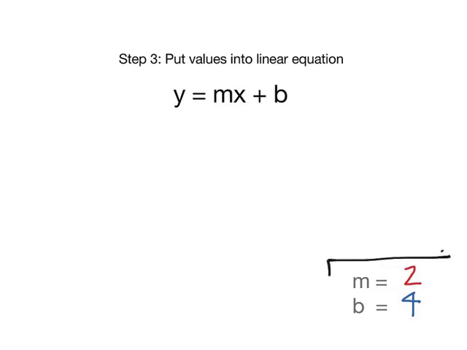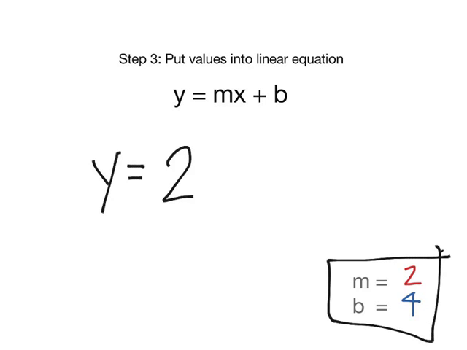Finally, we can take these values and plug them into our equation to get our final linear equation from the table. So what would our final answer be? Hopefully you were able to write it in slope-intercept form, with the answer being y equals 2x plus 4.